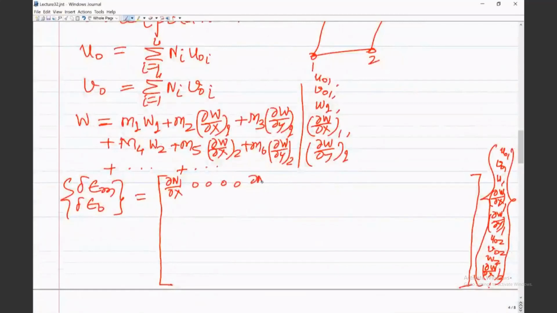Then you will have del n2 by del x, again the 4 degrees of freedom corresponding to other variables, del n3 by del x 0 0, then del n4 by del x 0 0. Of course, because we are writing delta epsilon m, with the degrees of freedom there would be the variational symbol delta. So here everywhere there would be delta.